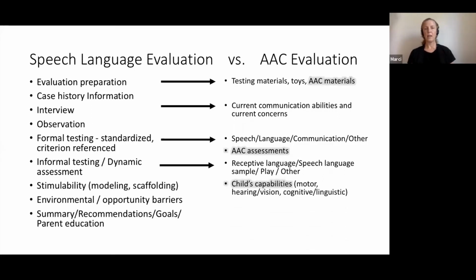And then this is where we start to look at the child's capabilities. So everything thus far has really been focused on speech, language, and communication. In the context of understanding that about the child, which is what we all do, now I'm going to start to pay closer attention to the child's motor capabilities. What are they doing with their body, with their hands?